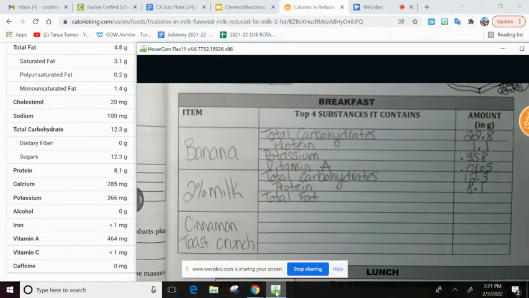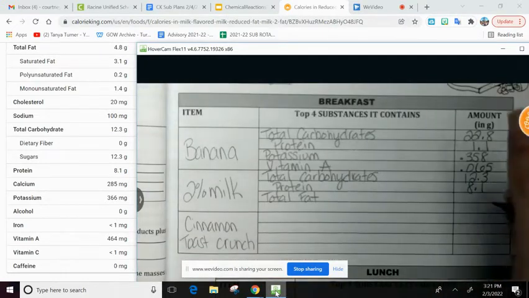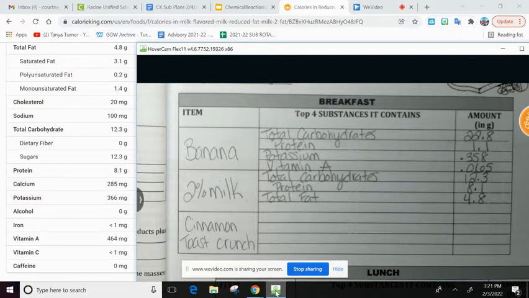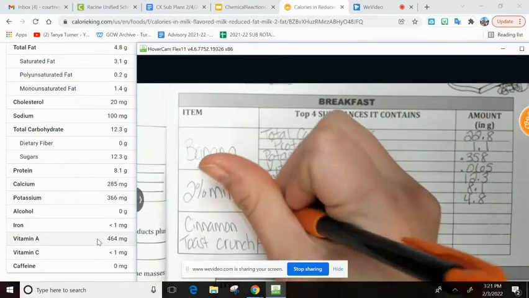At the top, it had 4.8, and it's still in grams. And then the last one, it looks like it's going to be vitamin A again. It's all the way up at 400, where there's a 300 and a 200, but those are still less than 400. And then we need to move the decimal over because it is in milligrams. So it would be 0.464 grams.